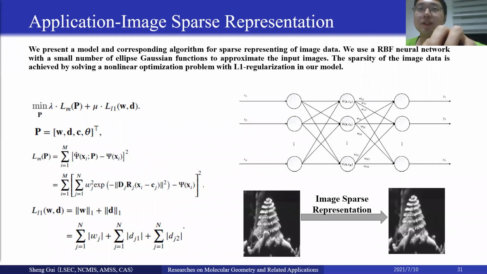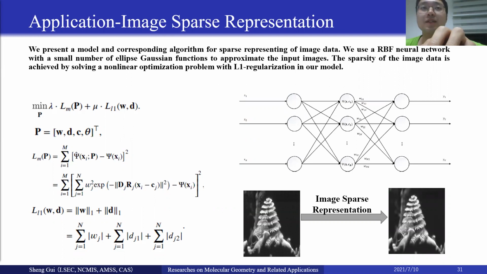The sparsity of the imagery data is obtained by solving a nonlinear optimization problem with L1 regularization in our models. The cost function in our sparse ellipse RBF neural network for representing the imagery sparsely is as follows.